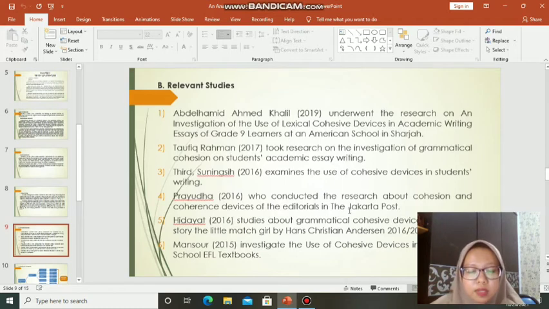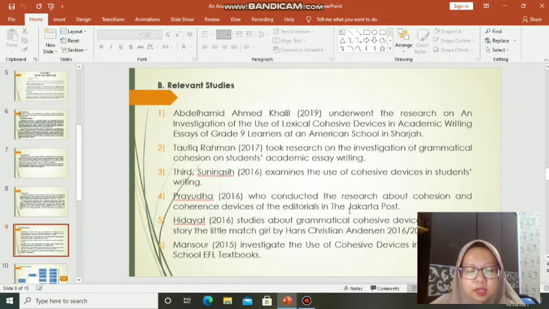However, studies of cohesion in this field haven't been done much yet. They only studied one of the cohesive devices, not the whole of cohesive devices, whereas knowing the whole of cohesive devices is very important. Therefore, this research intends to fill the gap with the focus on the use of cohesive devices in students' essay writing.